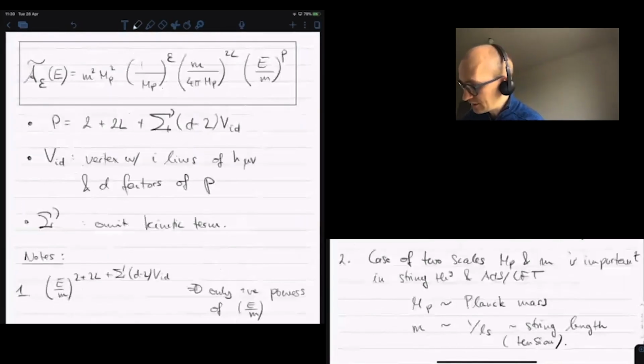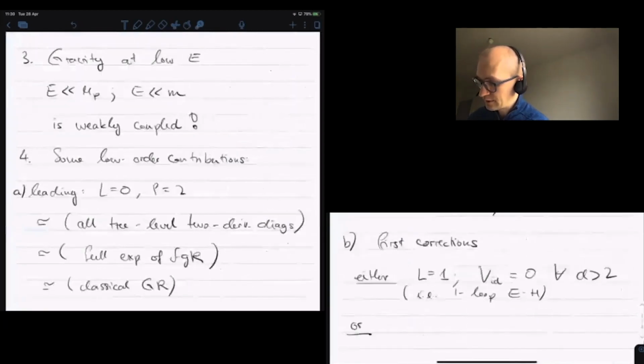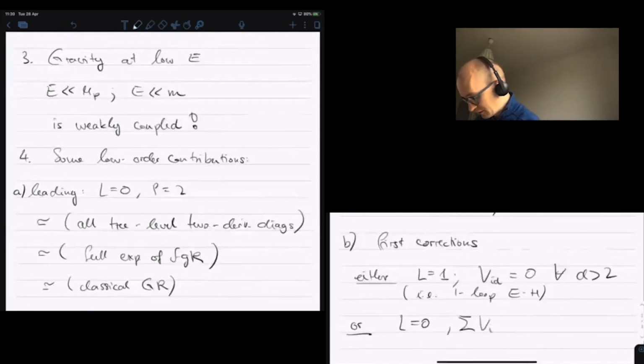However, this is not the only way that we can get there. We can also make sure that we are at 0 loops and we get this to be 2. So for example, we take one term only that has 4 derivatives, right? Because then this here will give me a factor of 2 as well. So we can say L is equal to 0, V_{i,4} is equal to 1, and V_{i,2} is still arbitrary.